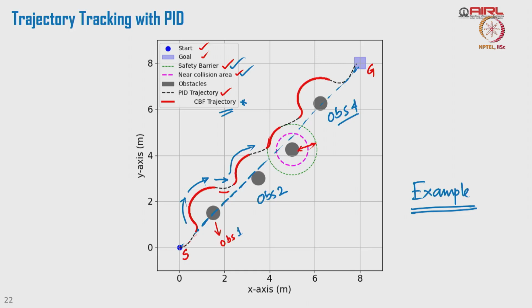We are showing it in a 2D visual representation, but the same thing can happen in 3D as well, where the obstacles would look like cylindrical obstacles. Now, we are seeing it from the top view, that is why we see it as a circle.